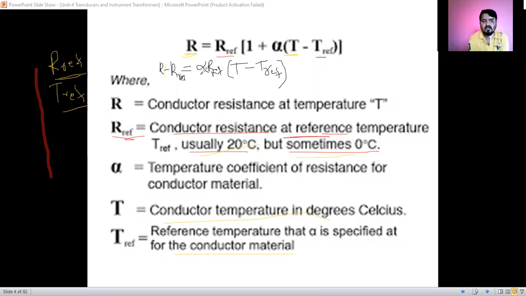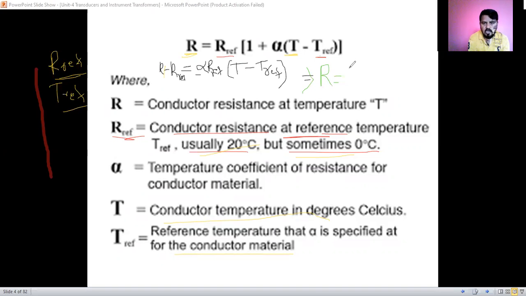The alpha came here. From this equation, I will take a different color, this green color, I will write R here. R equals, from this equation, when I send R reference to the RHS side, the minus will become plus.